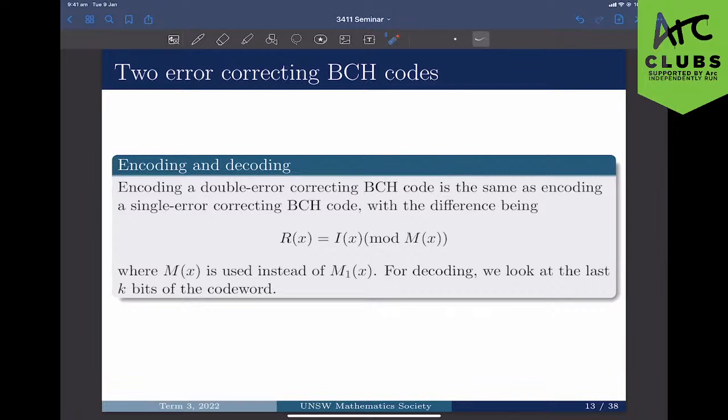Before we used just the minimal polynomial for alpha, but now we use m(x), which is the product of the minimal polynomials for alpha and alpha cubed. So we're just going to end up dividing i(x) by this bigger polynomial m(x) to find the check polynomial r(x). And decoding is just the same as before. Once we receive the code word, we just have to look at the last k bits of the code word.